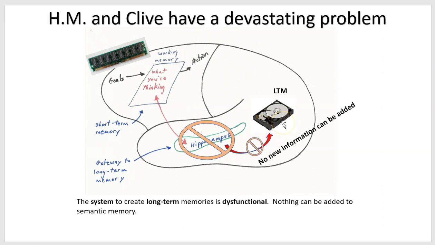And because they can't make new episodic memories, neither can they make any new semantic memories, because the contents of our semantic memory originate as episodic memories. So brains where the hippocampus is damaged on both sides just can't add any new information to the long-term memory system, what we're calling the semantic memory system.